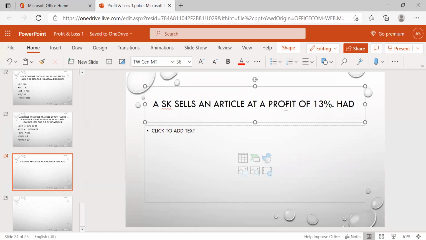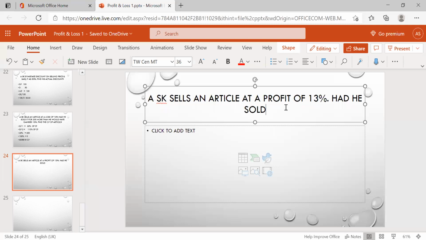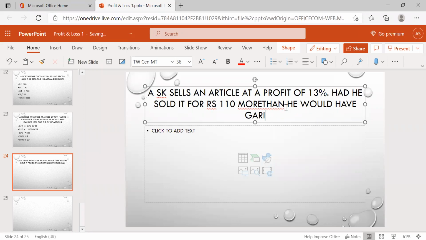Had he sold it for rupees 110 more, he would have gained 35%. Find the cost price.